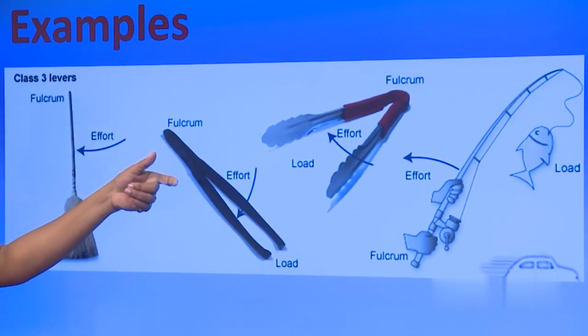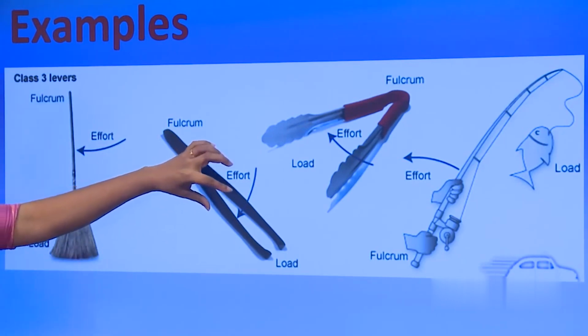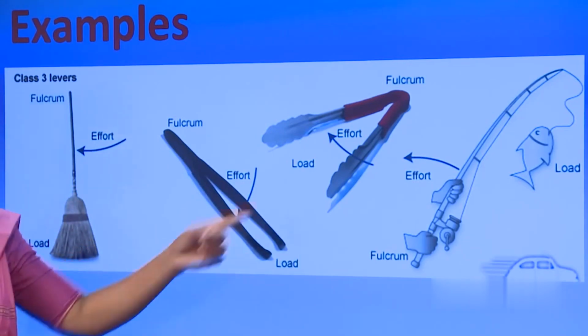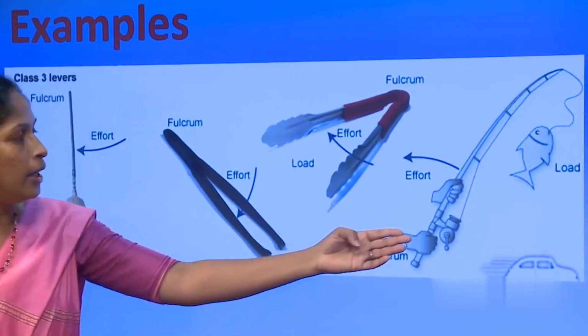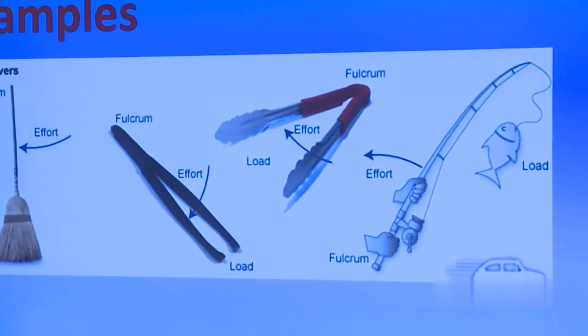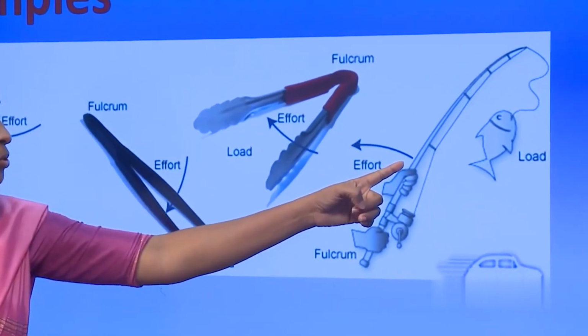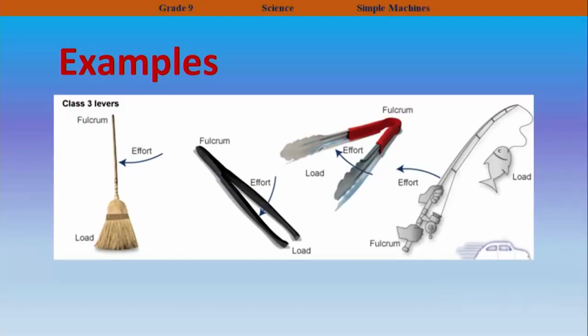A tweezer, effort is exerted in the middle, load moves a much greater distance than the effort. And in a fishing rod also, effort is exerted in the middle and load moves a much longer distance.